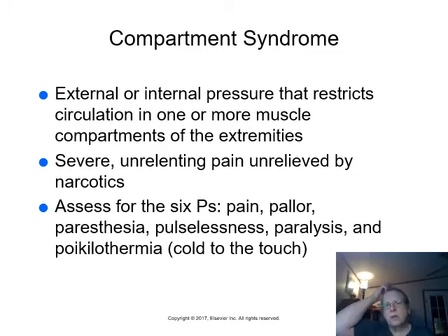The next one is compartment syndrome. Compartment syndrome is external or internal pressure that restricts circulation in one or more muscle compartments of the extremities. This is severe, unrelenting kind of pain.